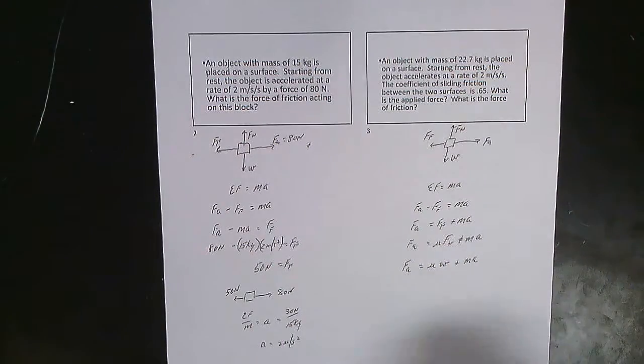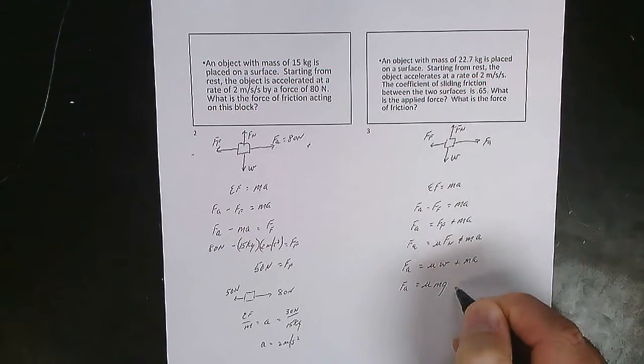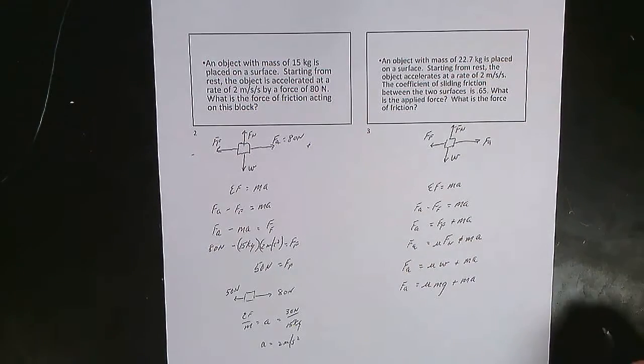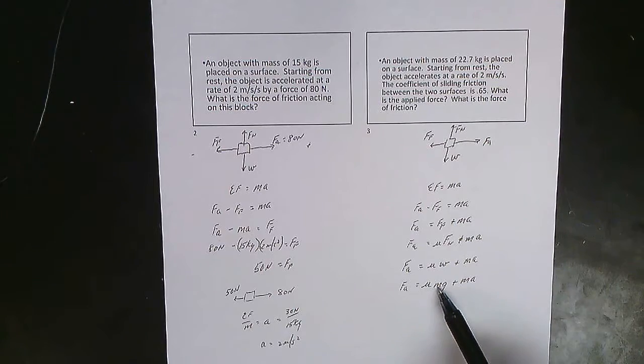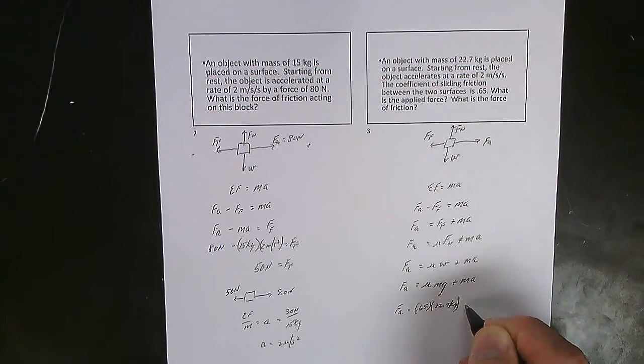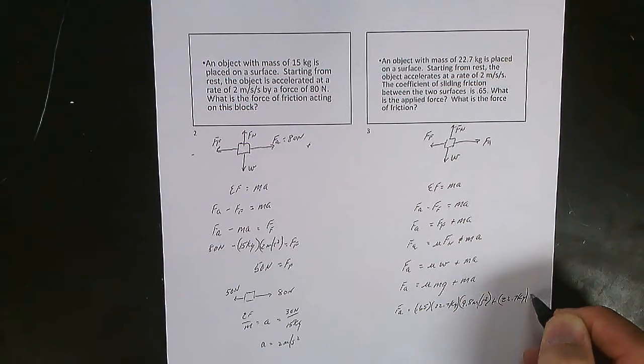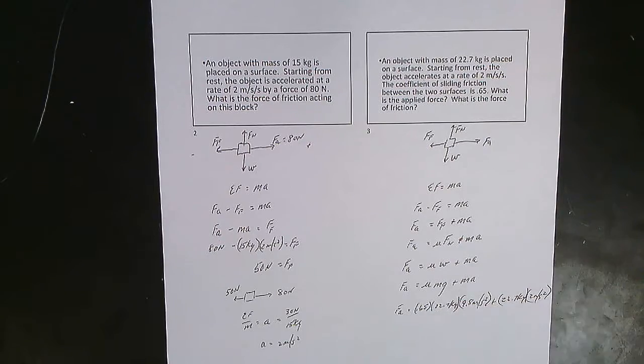Again, no place up here do we know the weight of the object, but a substitution we've been making for a while now is to substitute m times g for W. Now we can substitute all of that stuff in there: 0.65 times a mass of 22.7 kilograms times 9.8 meters per second squared, plus 22.7 kilograms times an acceleration of 2 meters per second squared.